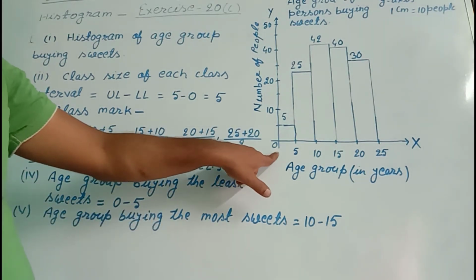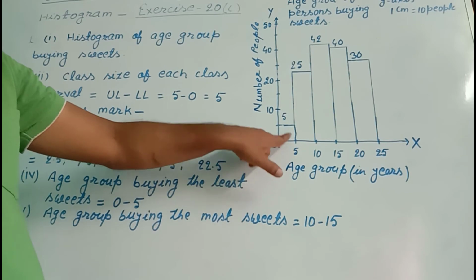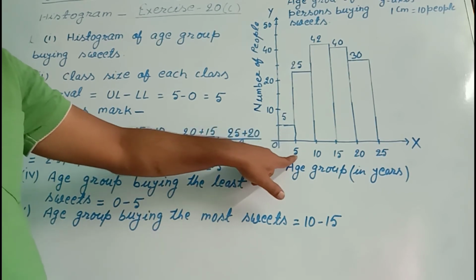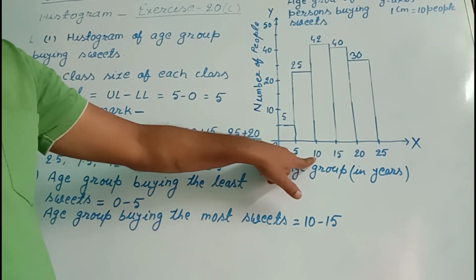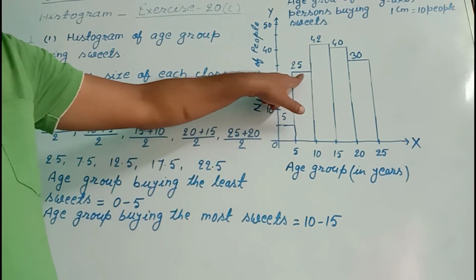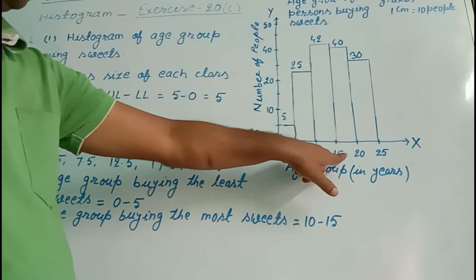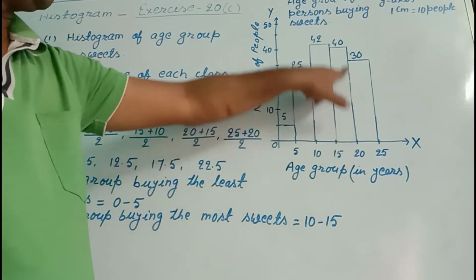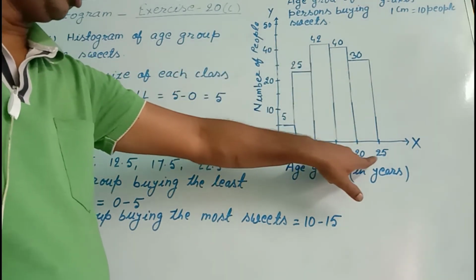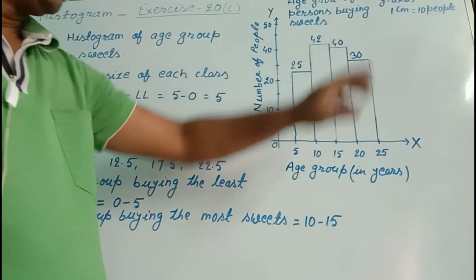Age group 0 to 5 years buys 5 sweets, 5 to 10 buys 25 sweets, 10 to 15 buys 42 sweets, 15 to 20 buys 40 sweets, and 20 to 25 buys 30 sweets.